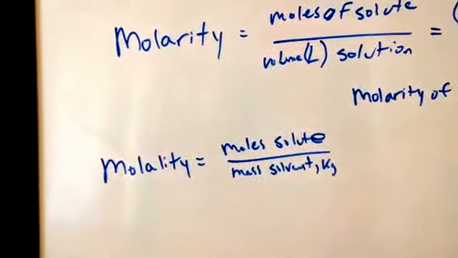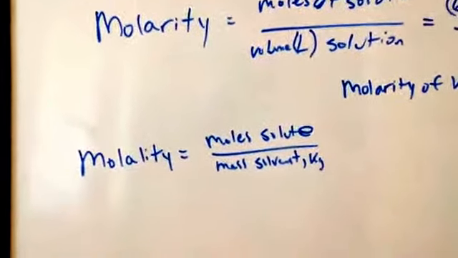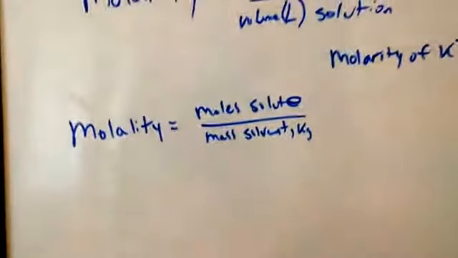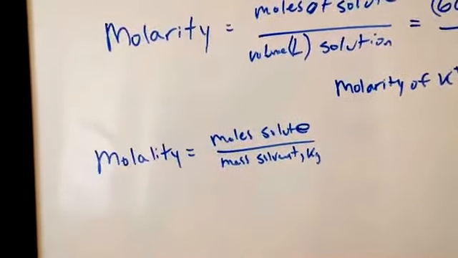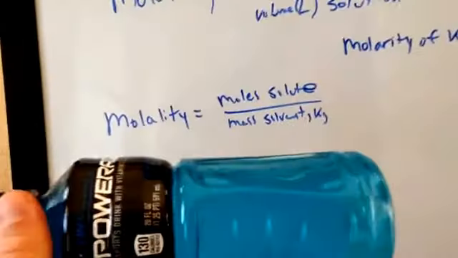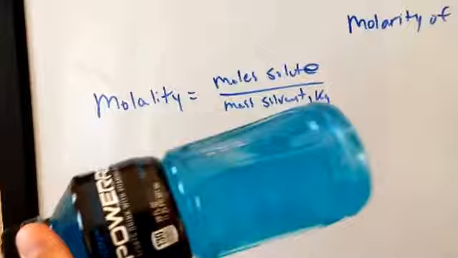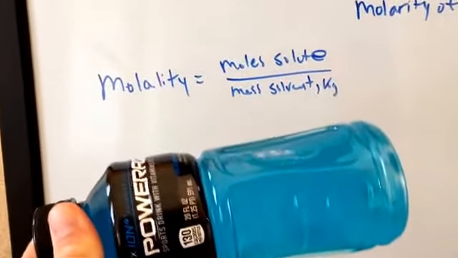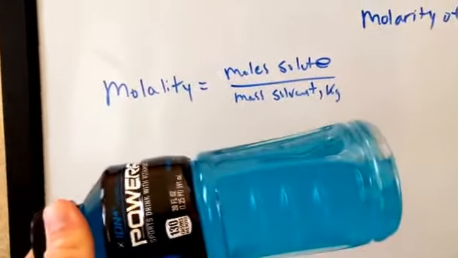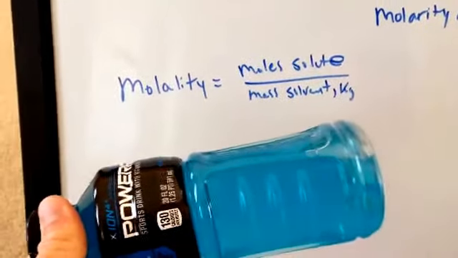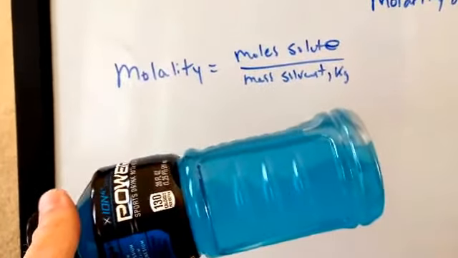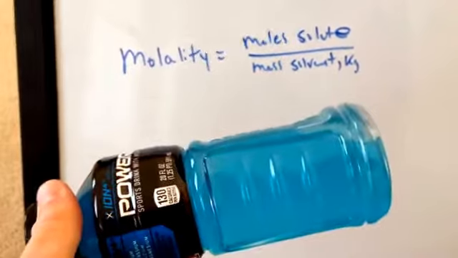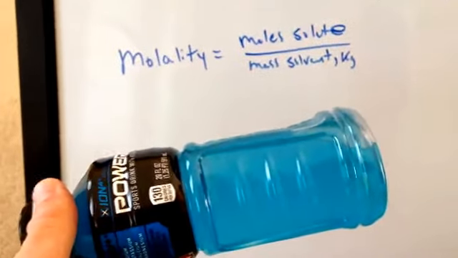Now, if I wanted to do this measurement, I need some way of knowing the mass. And for our energy drink, unfortunately, we don't have an accurate reading of the mass, especially of water. We could get the mass of the solution. We could try to subtract the mass of the electrolytes, but we won't truly know the mass of the solvent there.